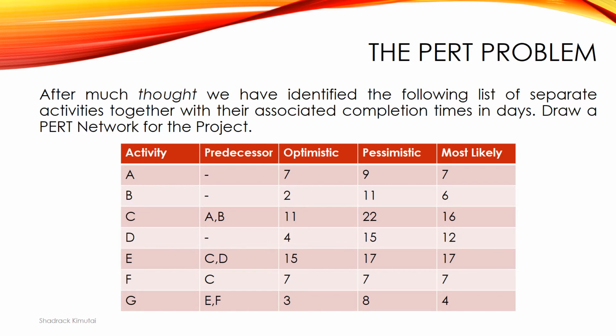We've been told that these times are in form of days, as shown. So in this case, we'll have to calculate the estimate time based on these times that we've been given.